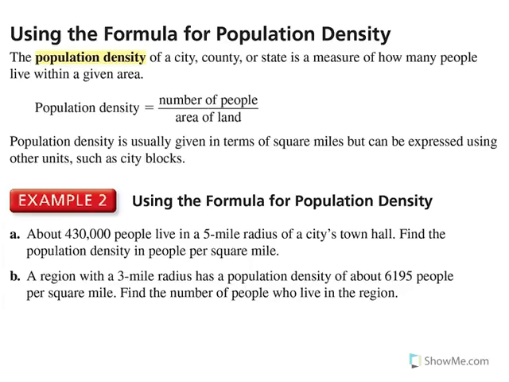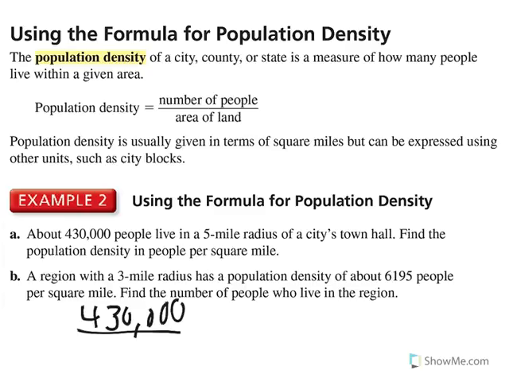So if we look at example 2, for A, we have 430,000 people live in a 5-mile radius of a city's town hall. Find the population density of people per square mile. So for population density, if you look at our formula again, we have number of people over area of land. So our number of people is going to be the 430,000.